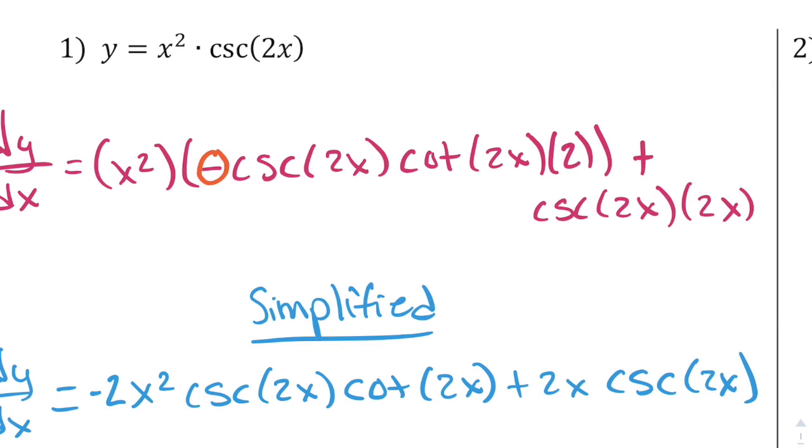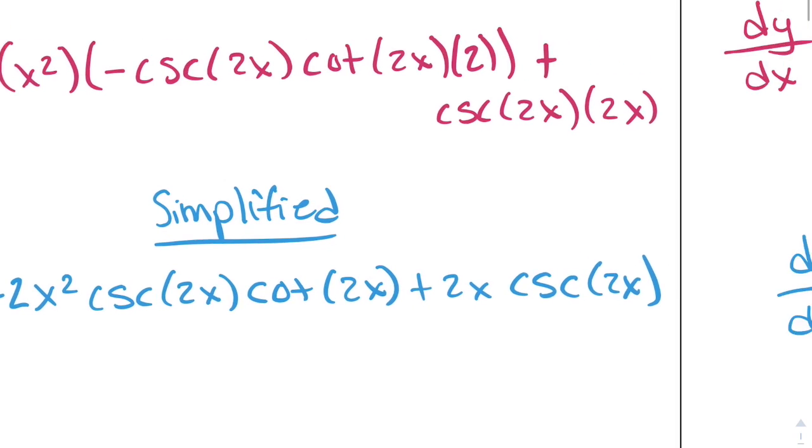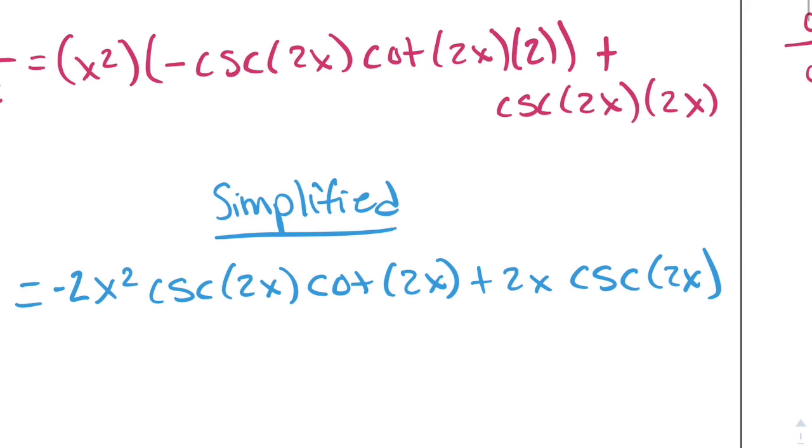I brought the negative, the x squared, and the 2 right here. All that multiplication I brought to the front. So that's negative 2x squared, leaving cosecant cotangent with 2x as the angle measure right there. And then I just moved 2x to the front. So either one would have been correct.